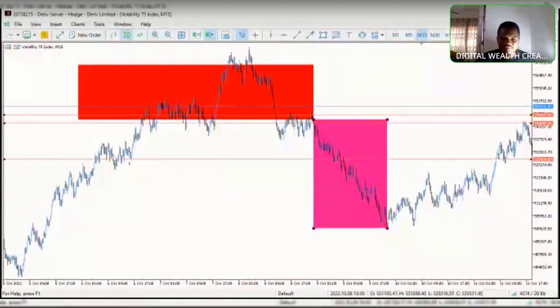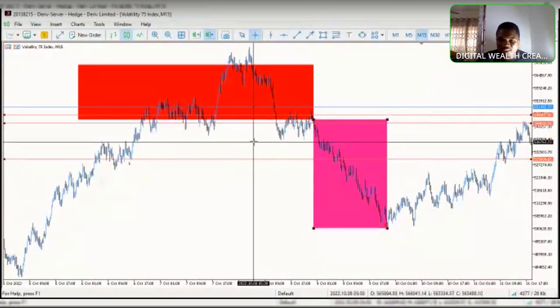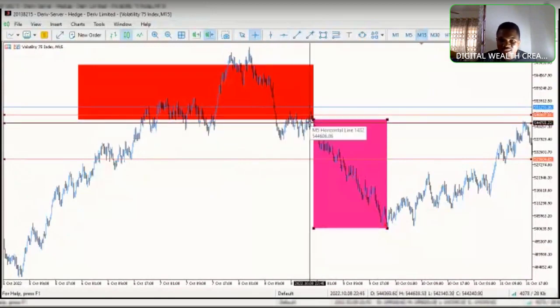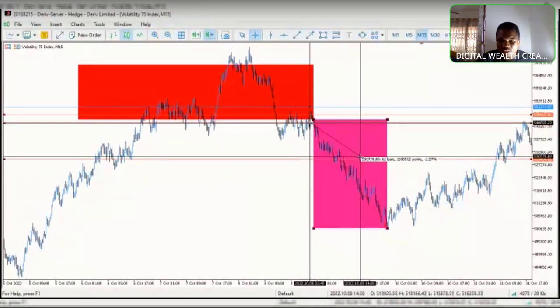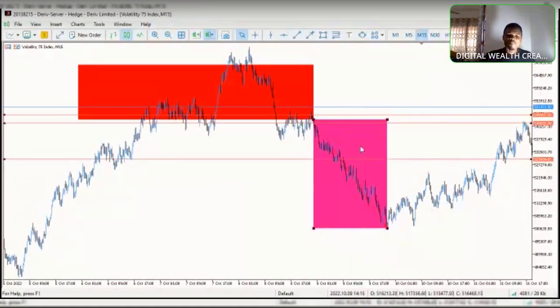Let me see how many pips that's going to be. Our entry point is here, and we're coming down to this place. That's going to be 15,000 pips, and that is money, guys.